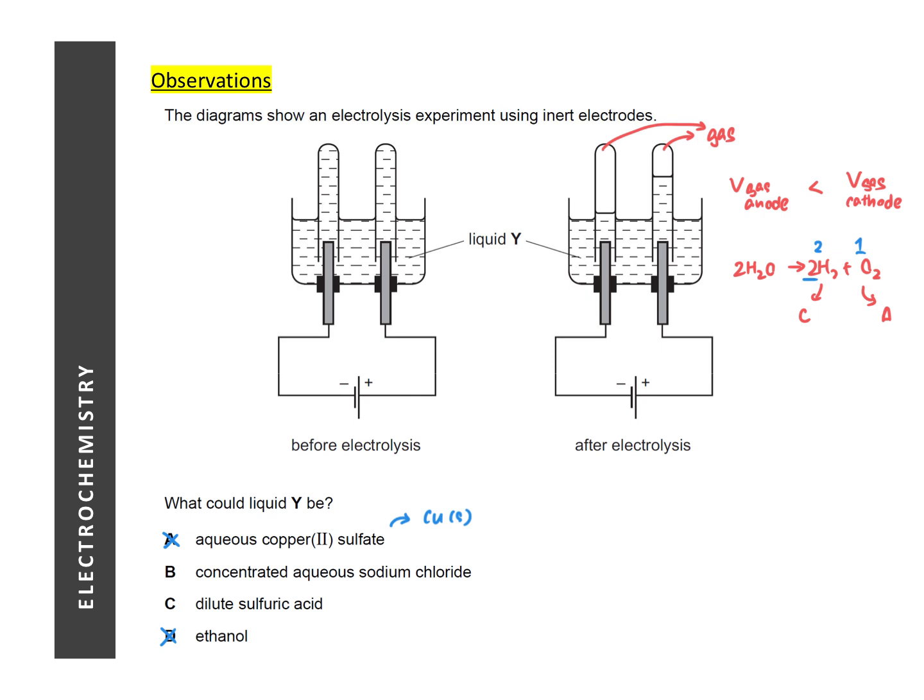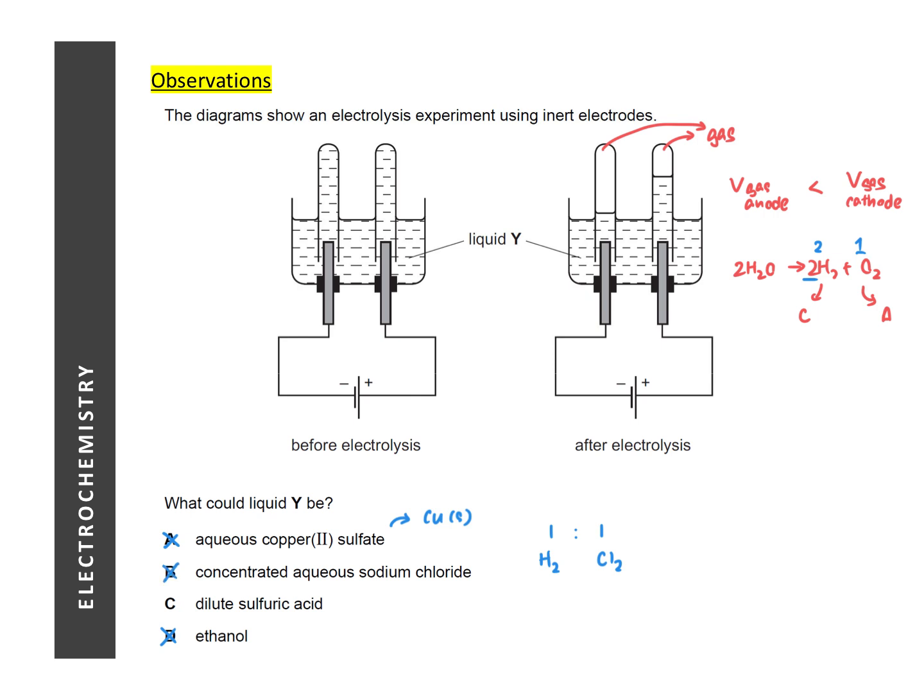For concentrated aqueous sodium chloride, in this case you will need to tap on your knowledge of the case studies. You will find that the volume of hydrogen and chlorine is actually 1:1. So in this case, the volume of gas at the positive and negative electrodes should be equal. So it is out.